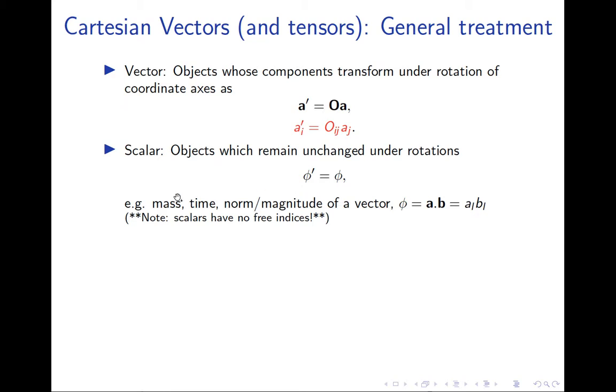Examples of scalar quantities are rife in physics. Most of you know from high school: mass, time, norm of a vector. As you know, the size of a vector doesn't change if you rotate the coordinate axis, and you explicitly know this for the position vector.